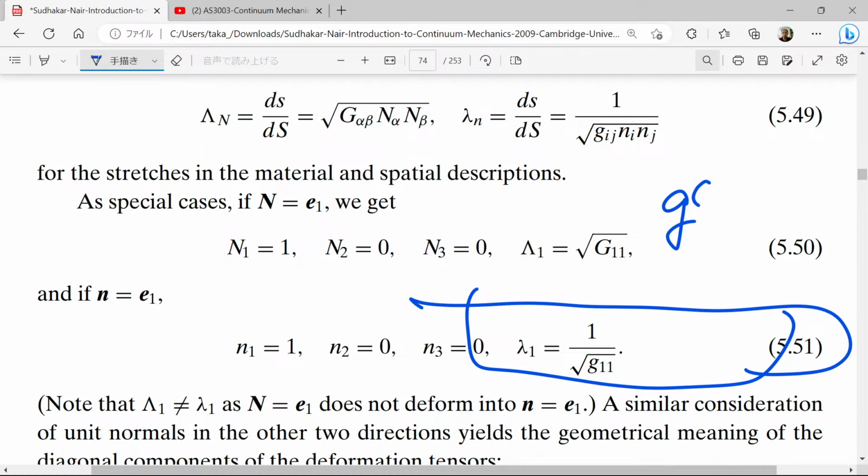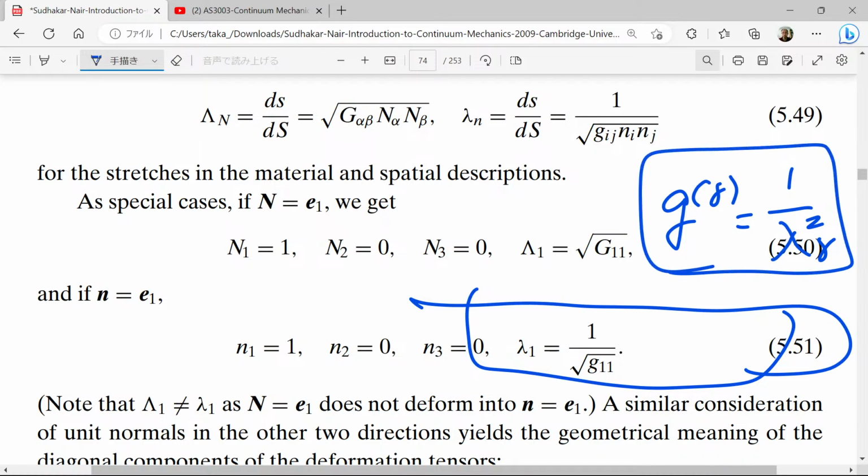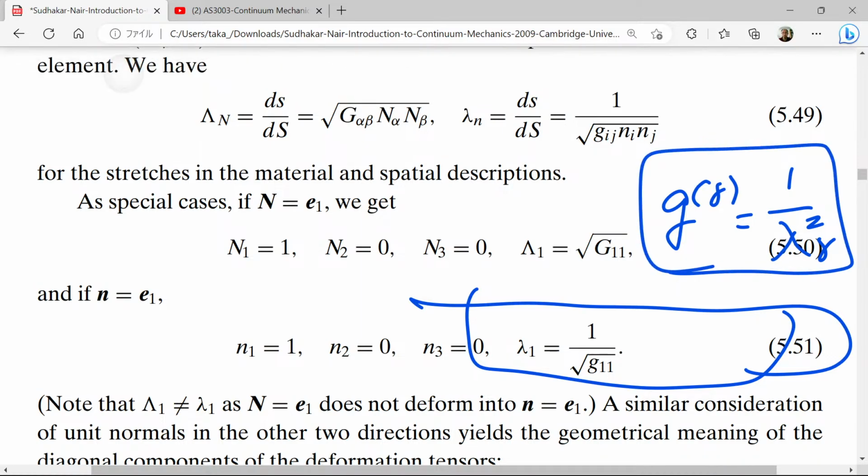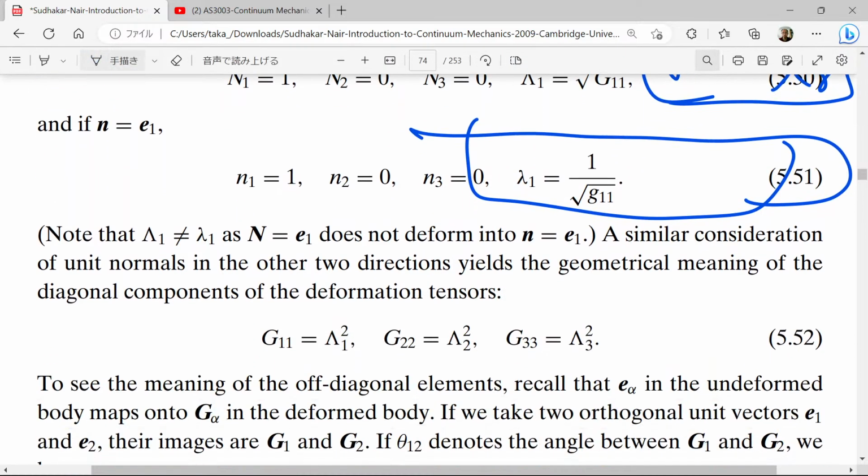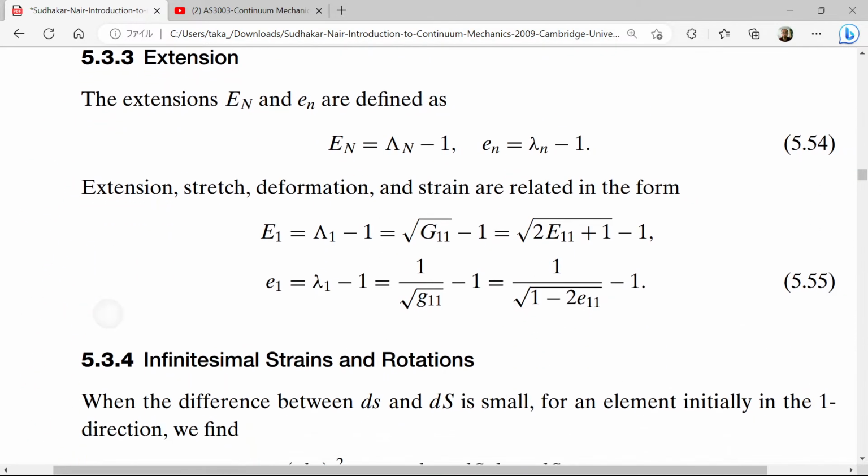Eigenvalue is lambda, gamma eigenvalue square, 1 over something like this. So this is the eigenvalue.